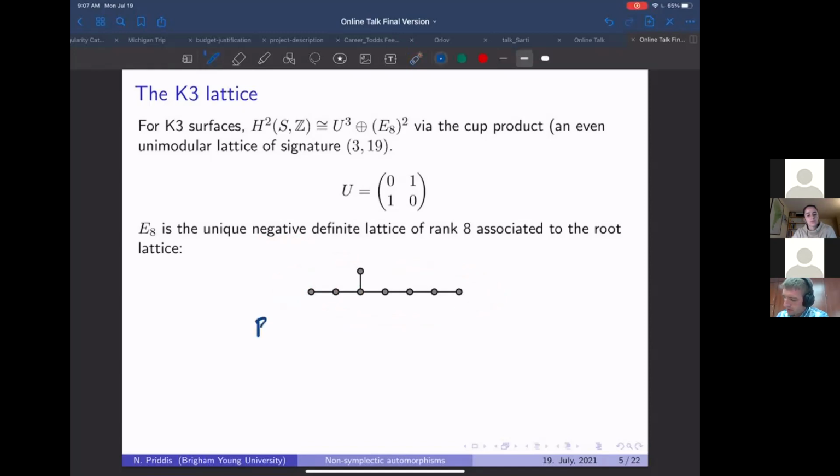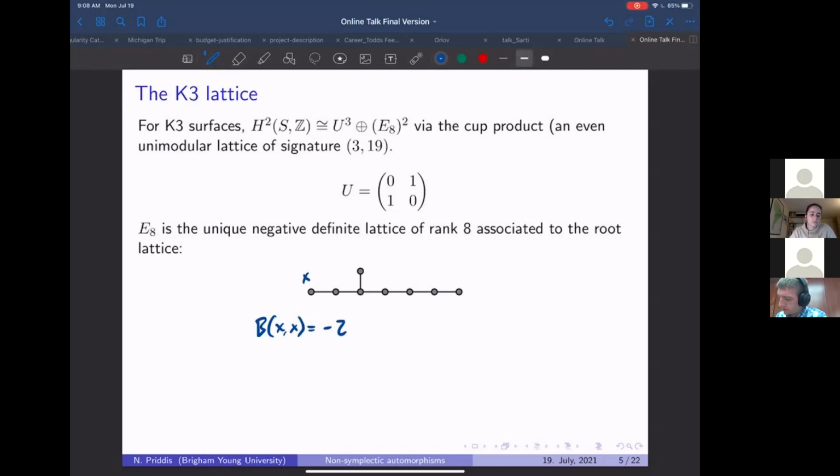You can tell quickly: if I write B, let me call this one X and this one Y. If I pick any of these generators and put it into both entries of the bilinear form, I get a -2.